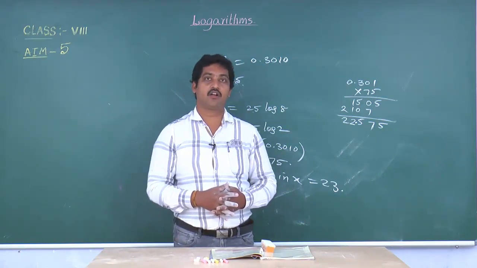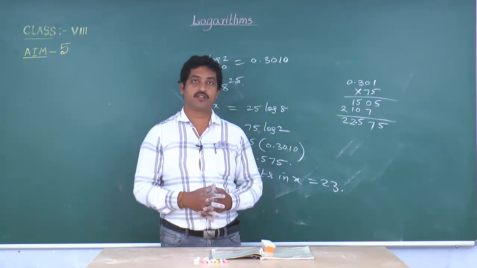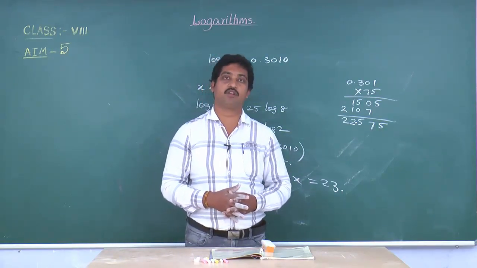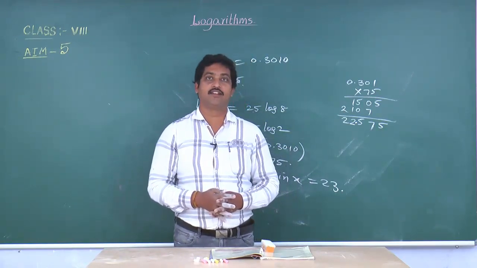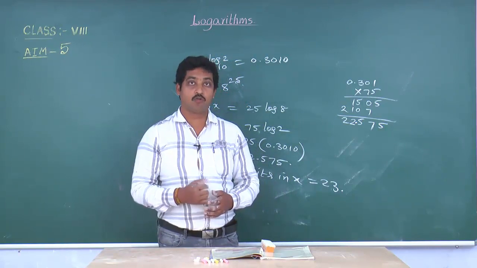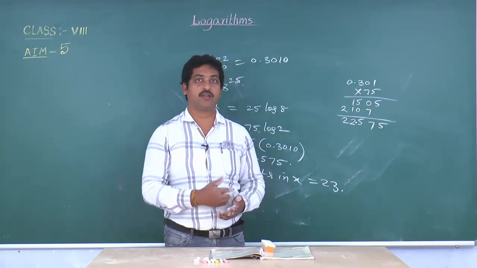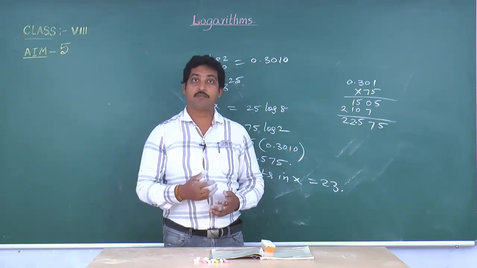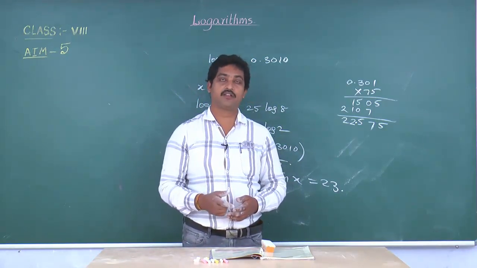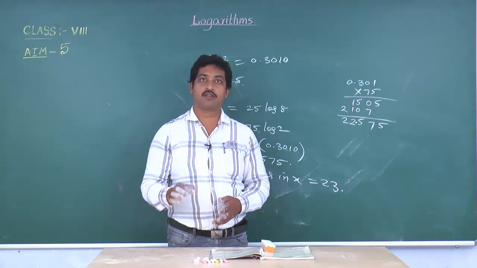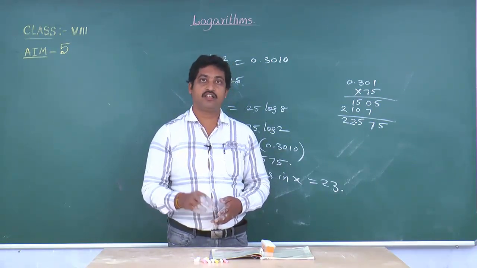The most important application of logarithms is finding the number of digits using the characteristic. How to find the characteristic for different cases we have also learnt in aim number 5. To find the mantissa we have to depend upon logarithmic tables. How to use logarithmic tables we are going to learn in the next aim.